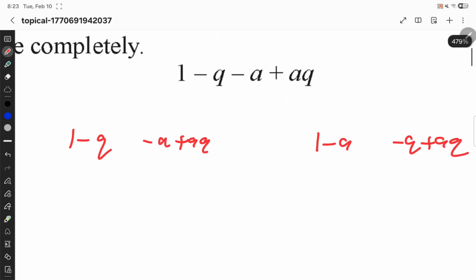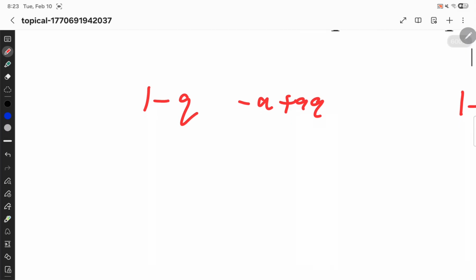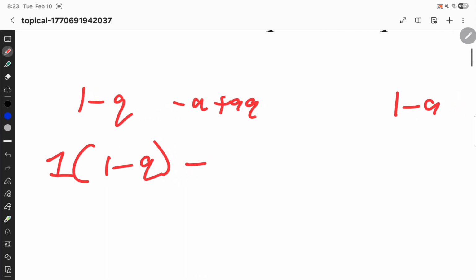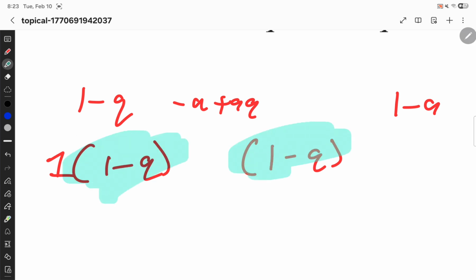Let's just work on this one. We have this. Now the first term has nothing common; the only thing common is 1, because 1 times anything is anything. Next, how do we know the outside variable? A clue you can give yourself is having the same bracket on the other side.